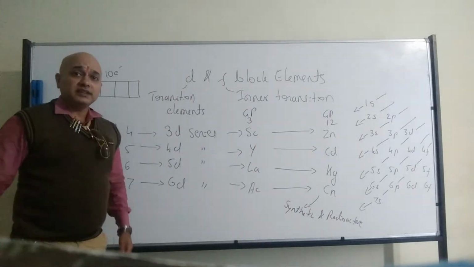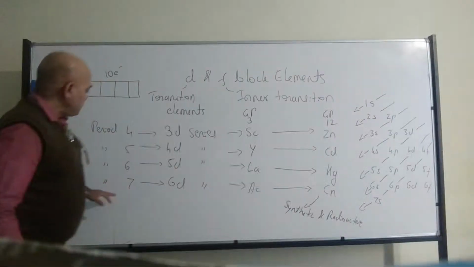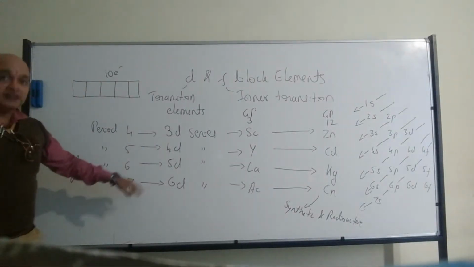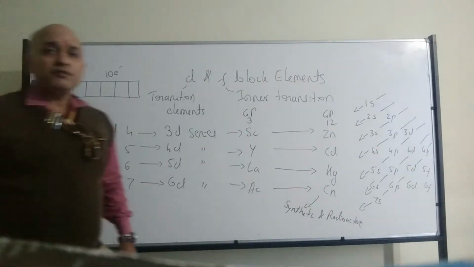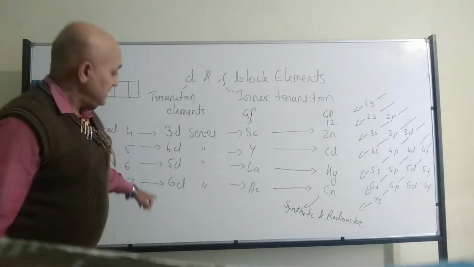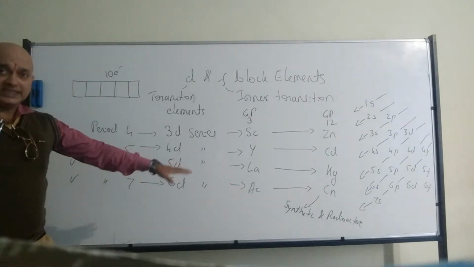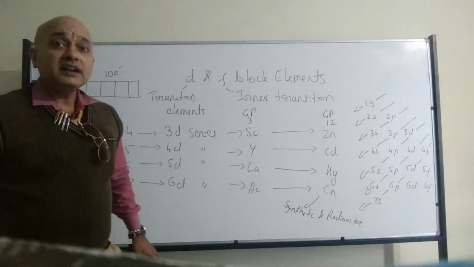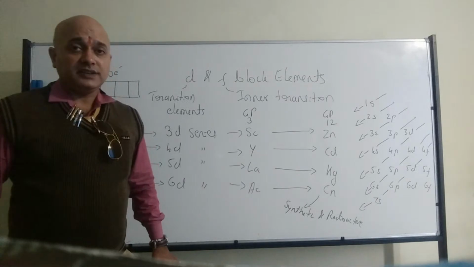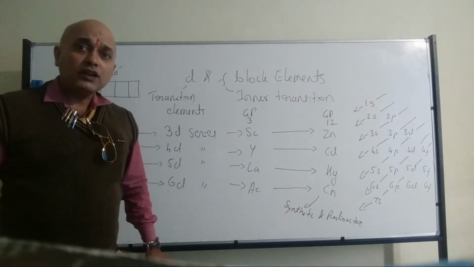Please remember this. Most of the elements which belong to period number 7 in the D block are synthetic and radioactive in nature. F block we are going to discuss later, no doubt. Fine, all of you have understood.